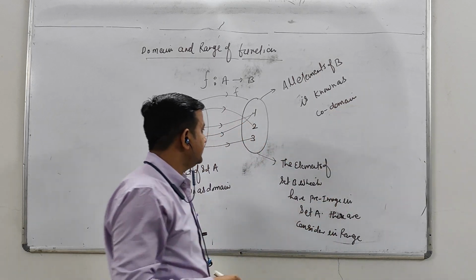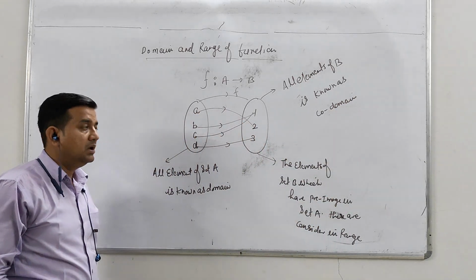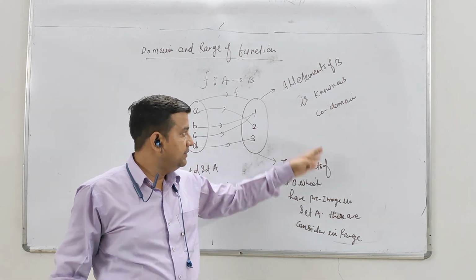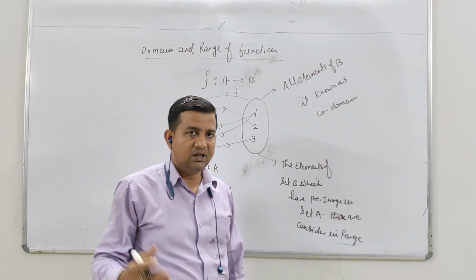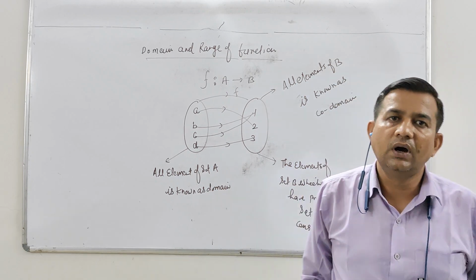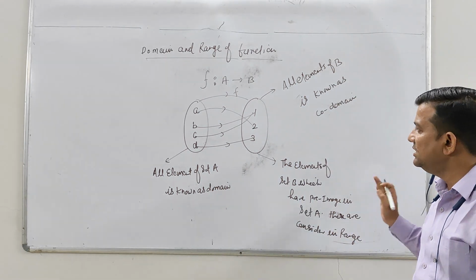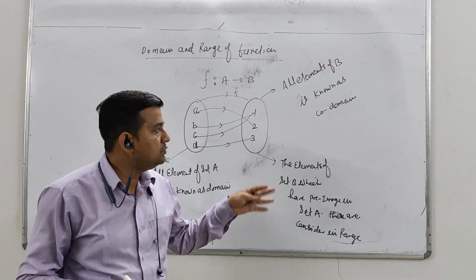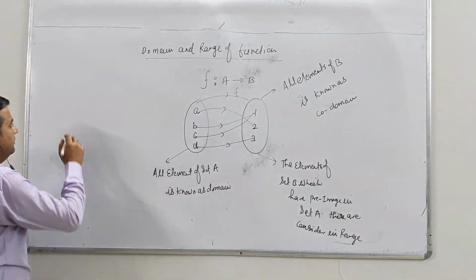So there are two concepts which are derived from the set B. One is the codomain and second is the range. Then what is the difference between these two? These two are the same or different? Sometimes these two are the same, and sometimes these two are different. I explain these two terminologies on the basis of examples.